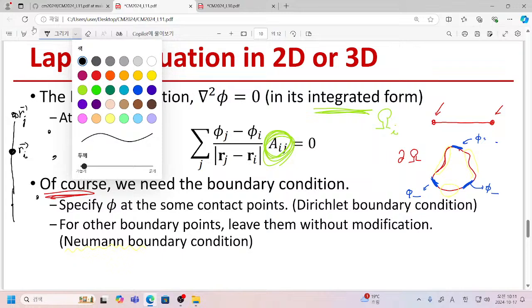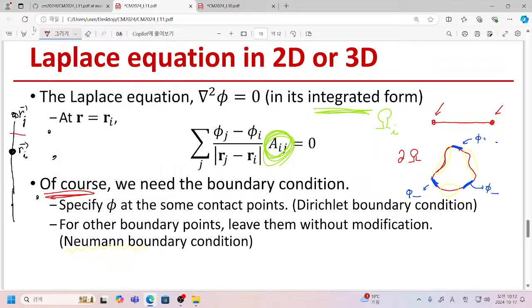Then you will find that actually your integration domain should just look like this. That will be your integration domain omega I.